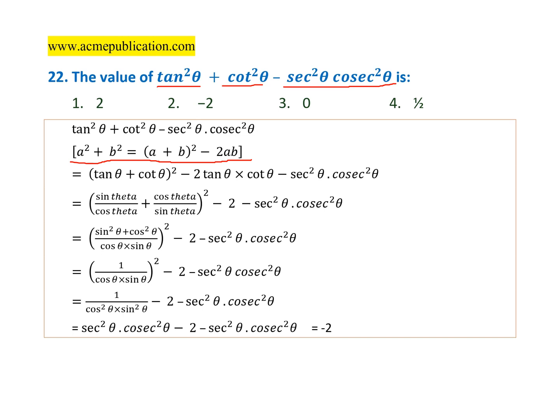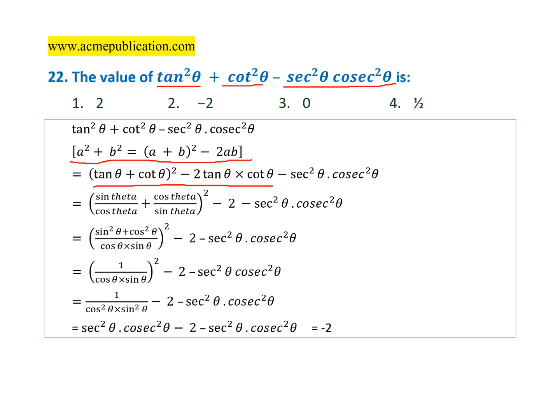Here we can write tan square theta plus cot square theta is equal to whole square of tan theta plus cot theta minus 2 tan theta into cot theta.